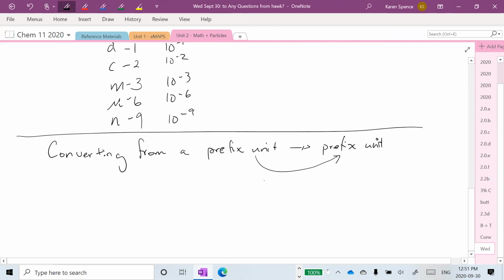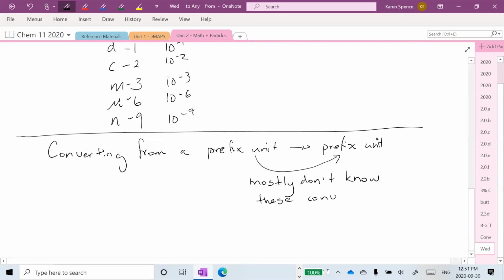Some people know things like there are 10 centimeters in a decimeter. If you know that, that's great, but most people don't know conversions between prefix units. So we mostly don't know these conversion factors.